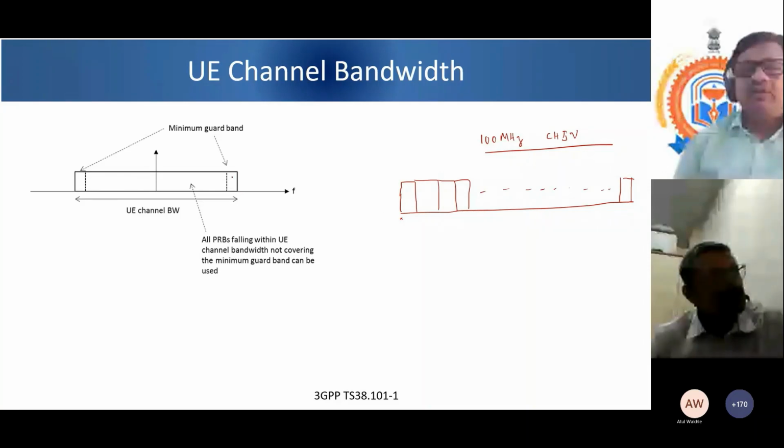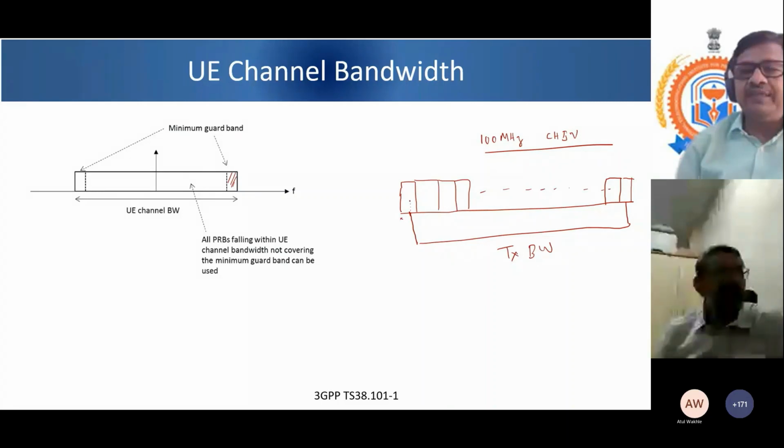But you have to consider this guard band. So you have to remove. Suppose this guard band is coming here. This guard band, left side guard band is coming here, and suppose the right side guard band is coming here. So this is what is my transmission bandwidth. From the channel bandwidth, I get this transmission band.